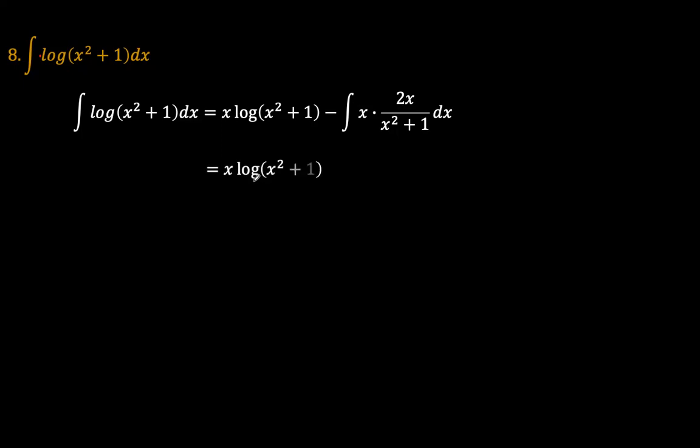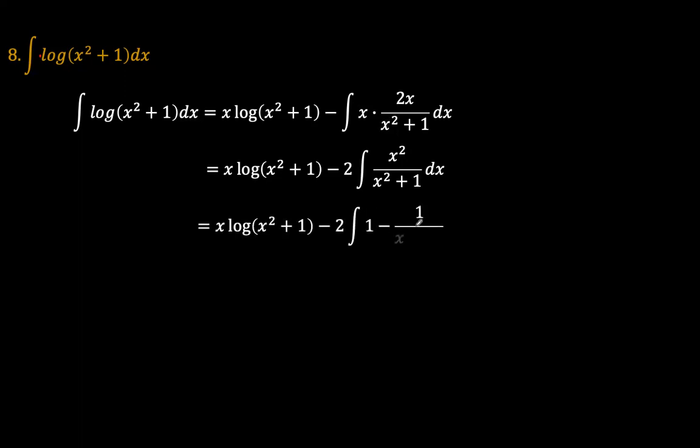So we have x times log of x squared plus 1 minus 2, pulling 2 out, x squared divided by x squared plus 1. When you divide that, we are left with 1 minus 1 over x squared plus 1. Integrating everything, we have x log of x squared plus 1 minus 2 times the integral of 1, which is x, minus the integral of 1 over x squared plus 1.